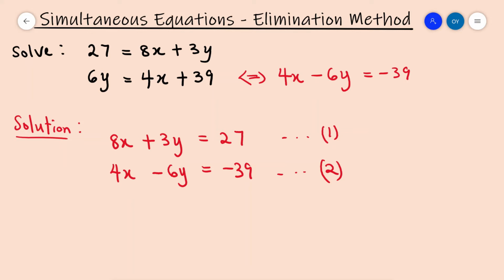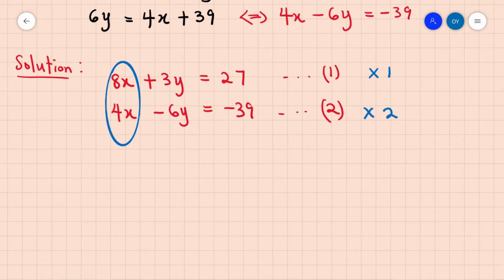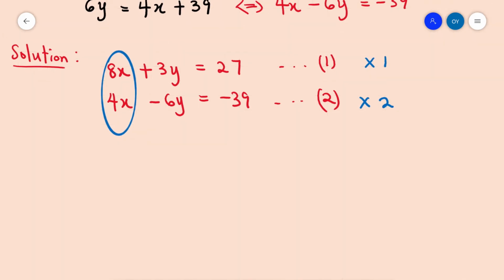Here, we'll try to eliminate x. So we want to eliminate 8x and 4x. So what we do is to make equation 2 have 8x. So we multiply equation 1 by 1 and multiply equation 2 by 2.